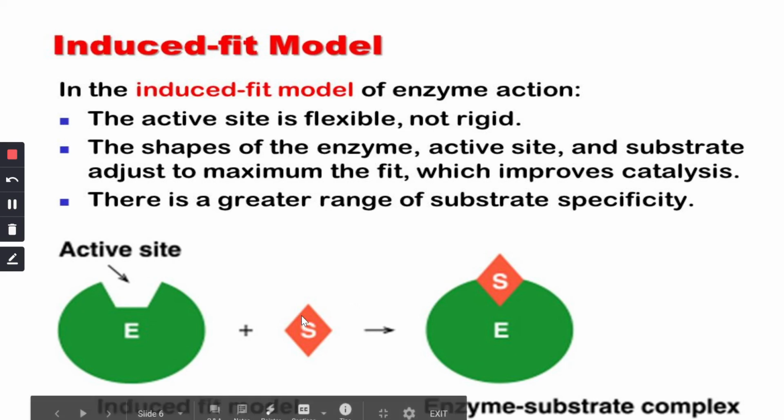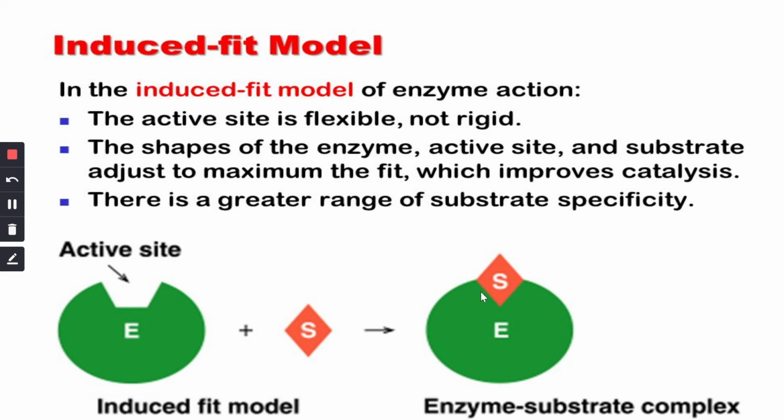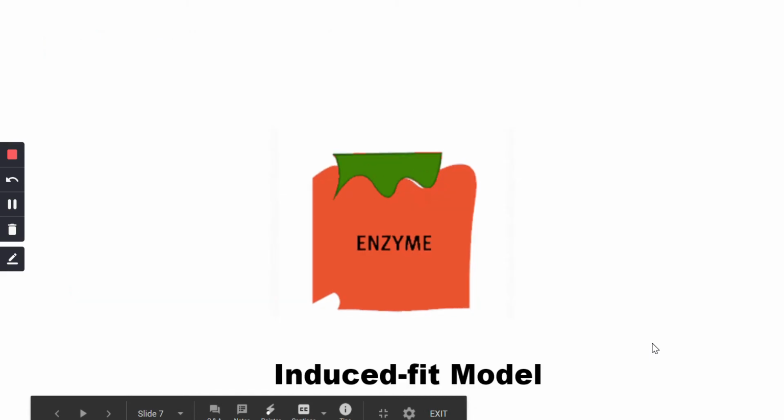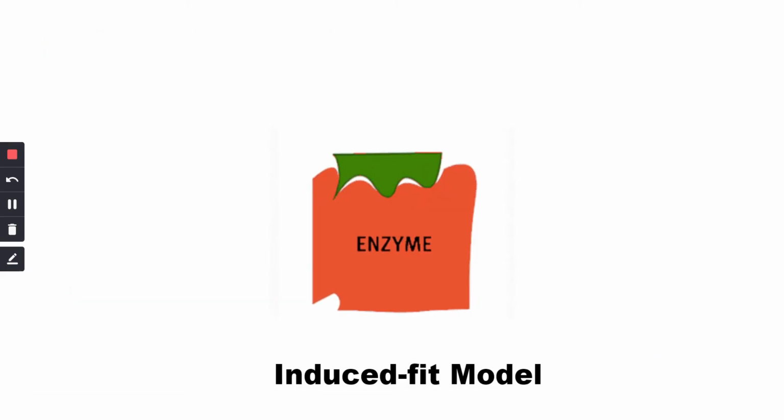As soon as the substrate binds, the active site adjusts itself to the shape of the substrate and forms the enzyme substrate complex. And then the whole procedure that we studied in the lock and key after this complex formation is the same. So here is another animation. Watch closely as to how the shape of the active site is getting adjusted after the substrate is binding with the active site of the enzyme.